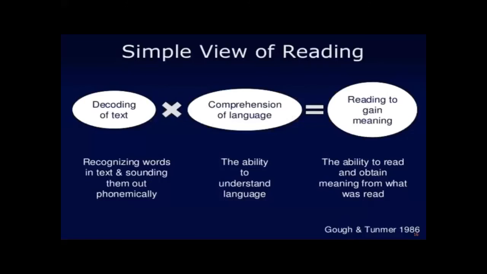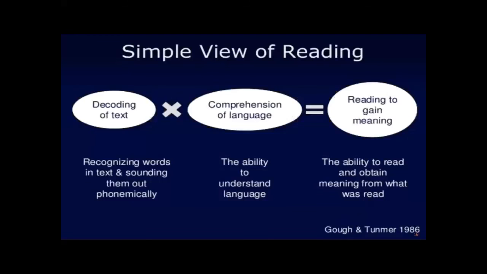So if you think about a multiplication problem, if you have 0 ability to decode text, but you can comprehend language, you're still not going to gain meaning. If you have the ability to decode, but you don't have language comprehension skills, you won't be able to gain meaning. It's the balance of both of those.